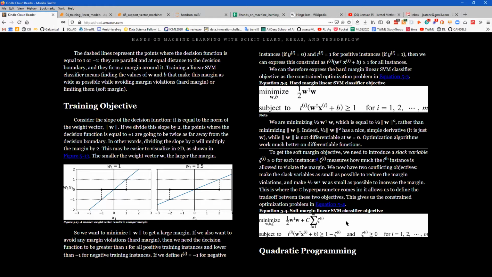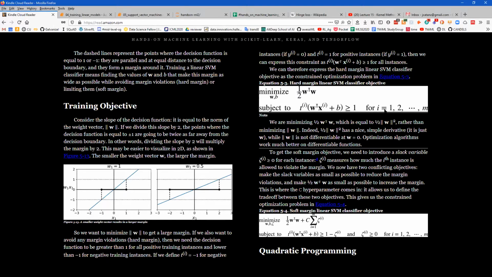Right. So SVM, support vector machines, is all about constrained optimization problems. Even the hard margin problem was a minimization problem, which we're used to seeing from gradient descent. But what we haven't seen is that we have to impose on top of it a constraint.